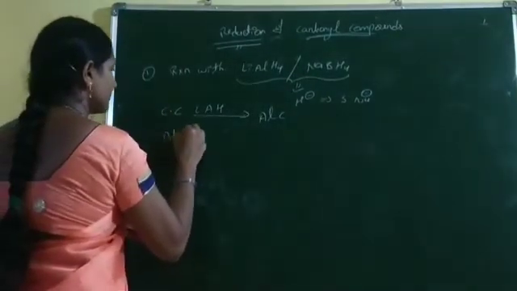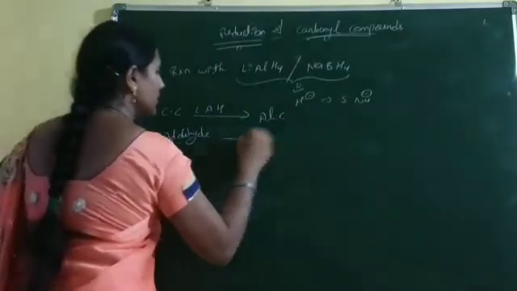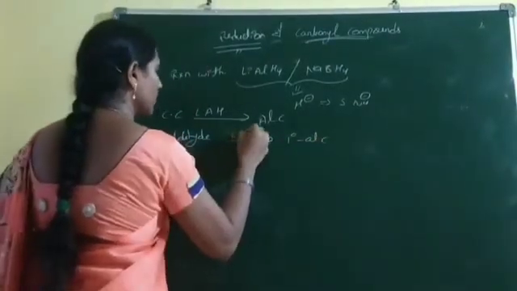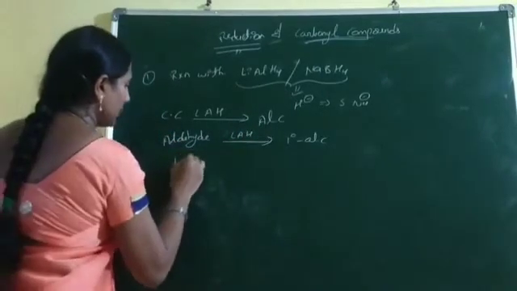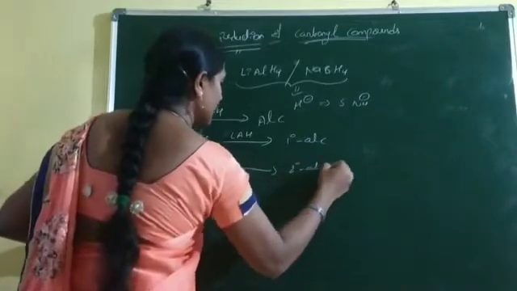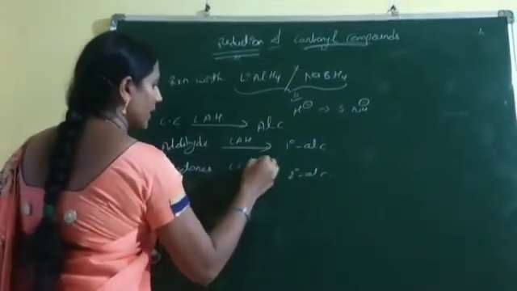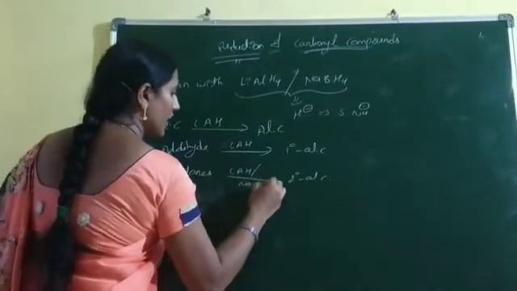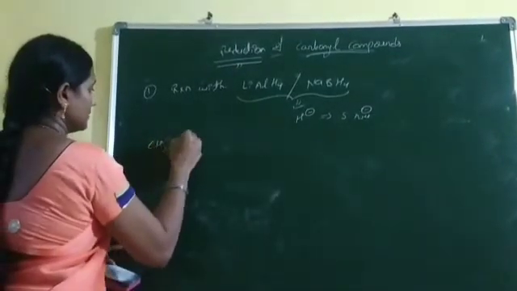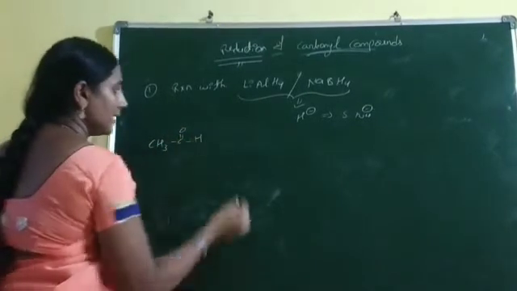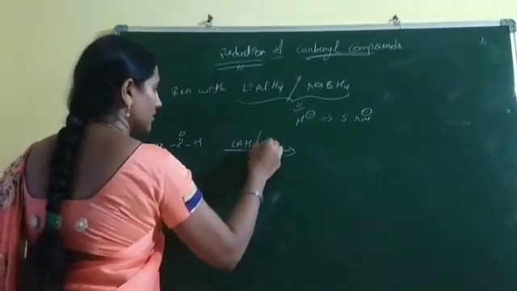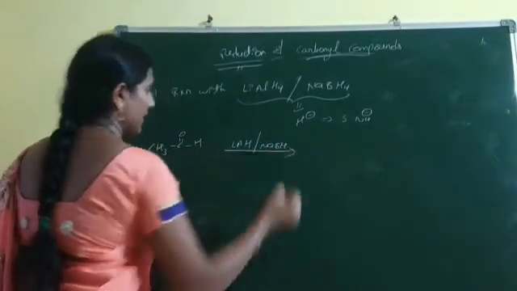Now aldehydes turn to primary alcohols in the presence of lithium aluminium hydride, and ketones turn to secondary alcohols in the presence of lithium aluminium hydride or sodium borohydride. Take acetaldehyde treated with lithium aluminium hydride or sodium borohydride.